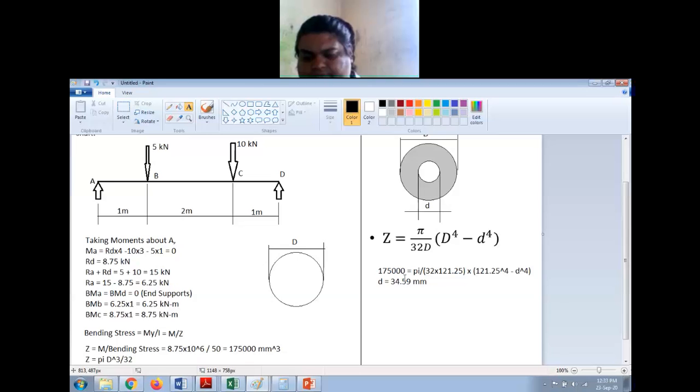Almost 1000 square millimeters, right? About 10 to 12% of the cross-sectional area is decreased. That means I have decreased the weight of this beam by 10 to 12%, right?